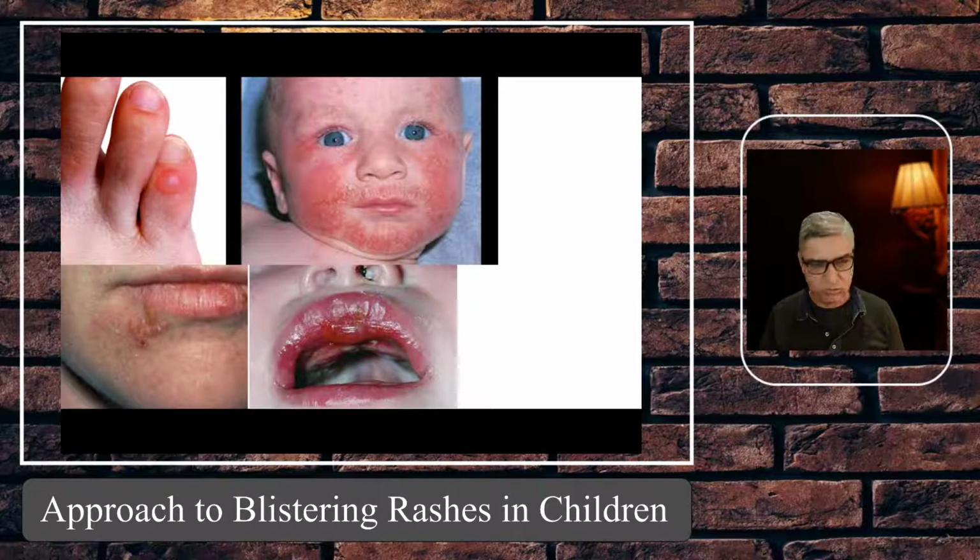If you see this one, this is a friction blister. Why is this a friction blister? As you can see, it is a solitary blister. There is no surrounding inflammation. It is filled with very clear fluid, and it is present on that part of the body which usually comes in repeated friction.